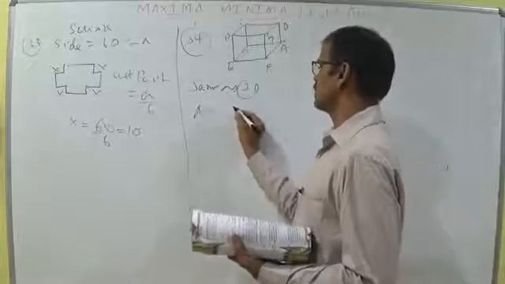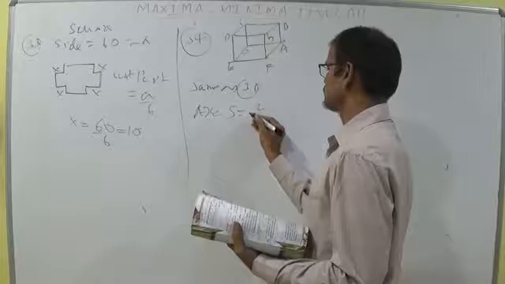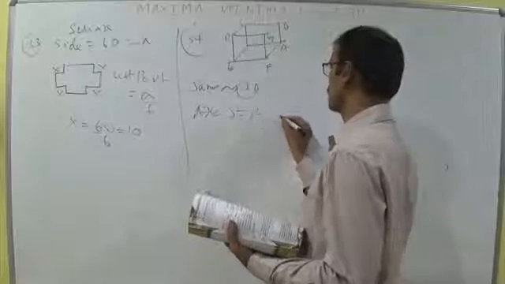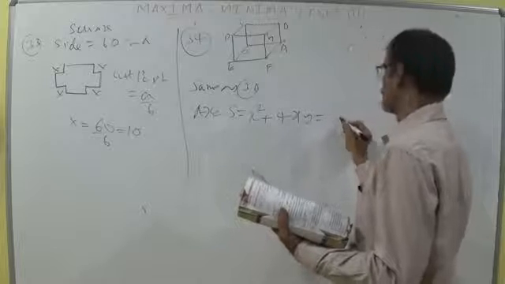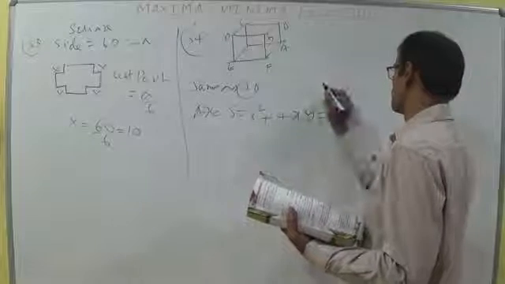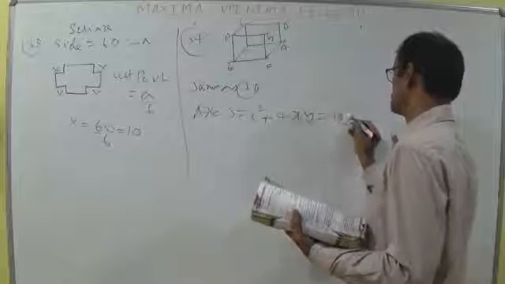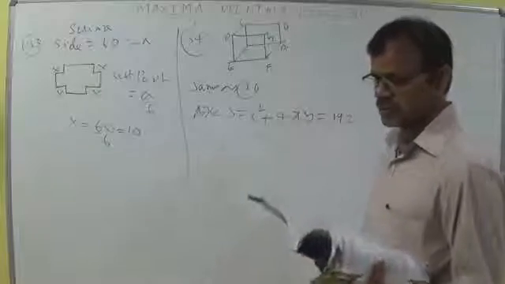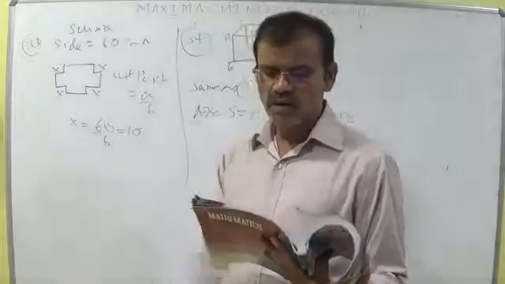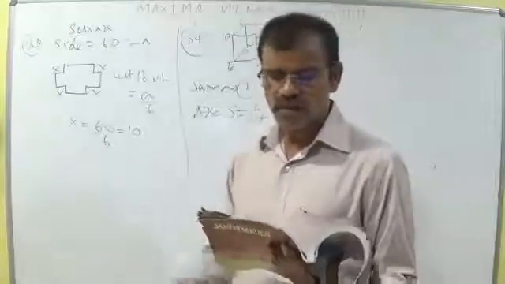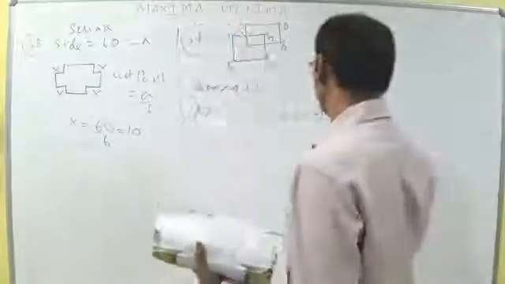Surface area, total area, yes I said there. X square plus 4xy, he given as 192. The area of material used 192. If the volume of the box is maximum, then dimensions of the box.